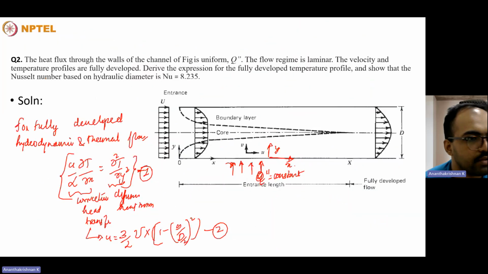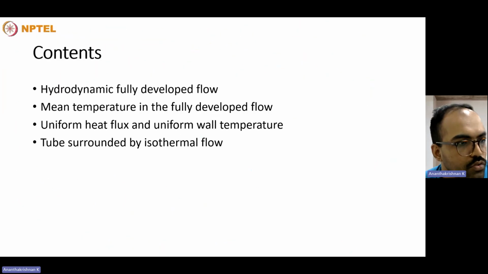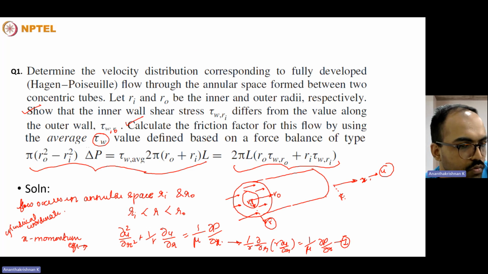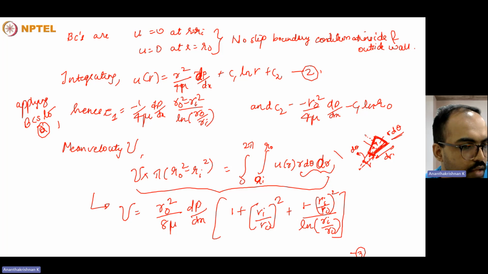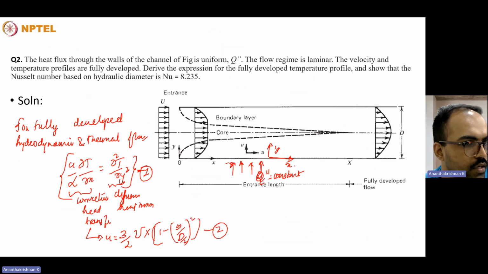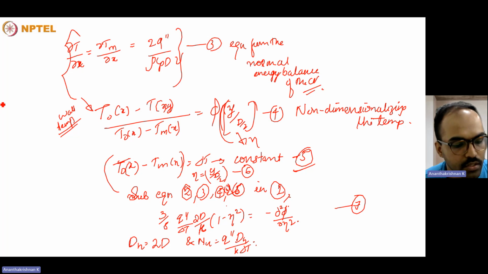That solves the problem solving session for this week. In this case, we have seen a few derivations based on the hydrodynamically fully developed case to calculate the average shear stress and the friction factor, and to calculate the Nusselt number for the uniform wall heat flux case. We couldn't see much into uniform wall temperature because that requires an iterative solver to solve it.